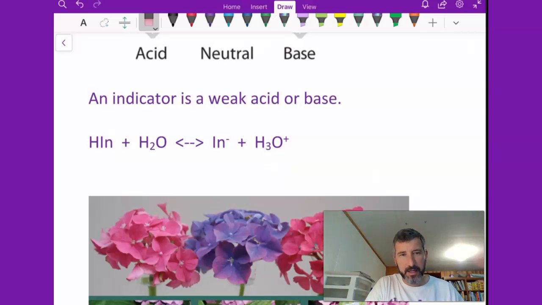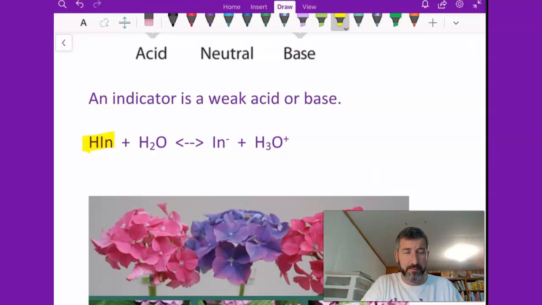What makes an indicator unique is that before and after it loses that H, it's two different colors. And that's what makes it an indicator. Any acid, when you put it in water, is going to lose its H, just like this one is doing.